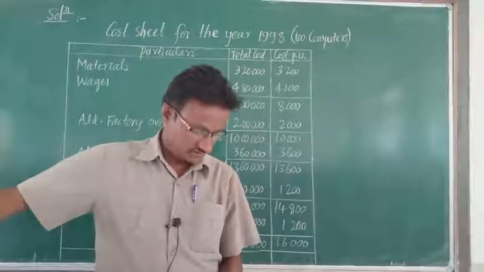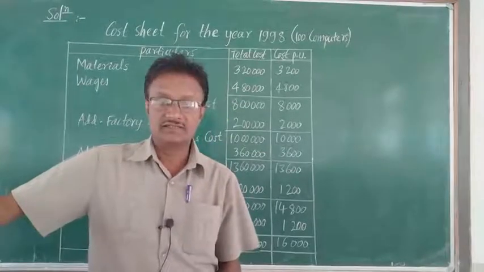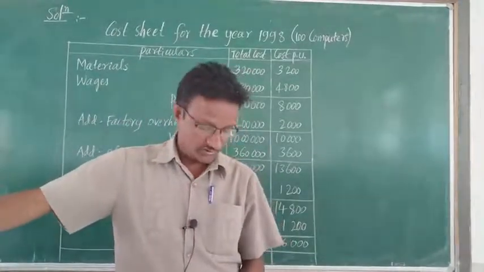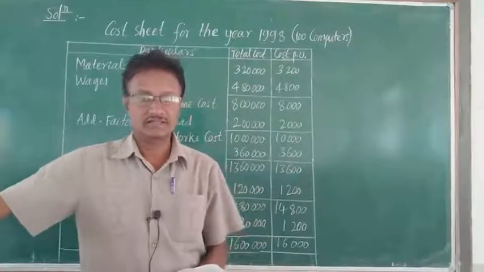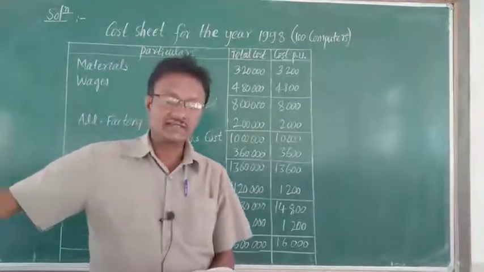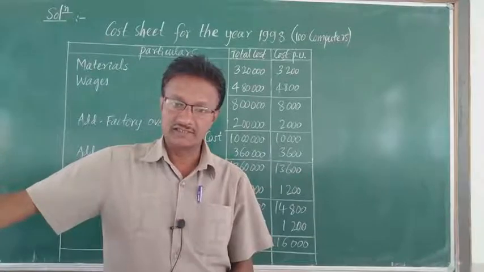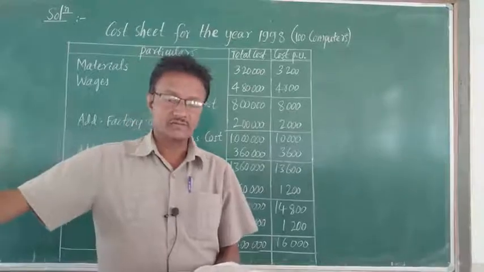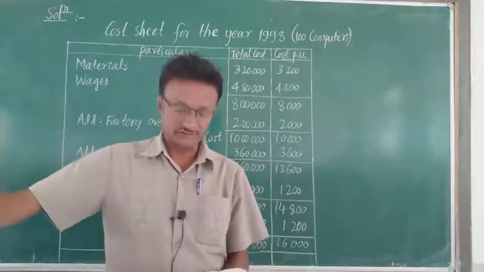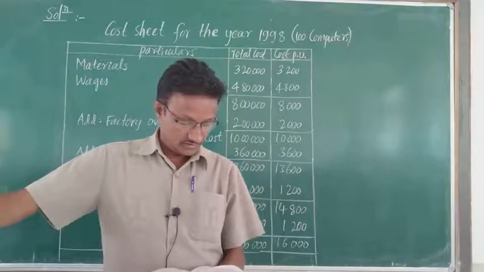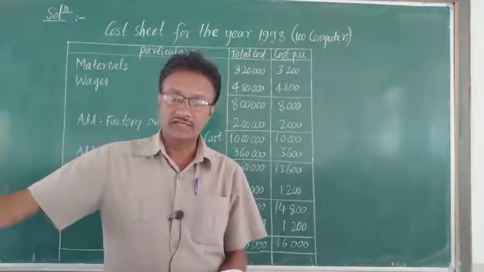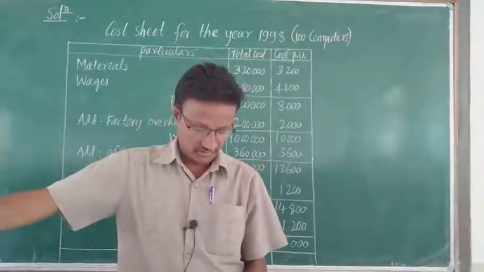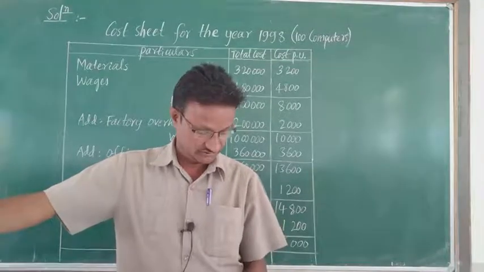And next, estimation for the year 1999. Number A, production and sales 300 computers. Material cost will increase by 20%. Wages will increase by 5%. Factory overhead will increase in proportion to the combined cost of materials and wages.